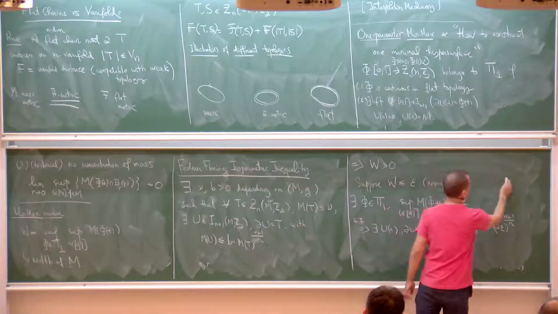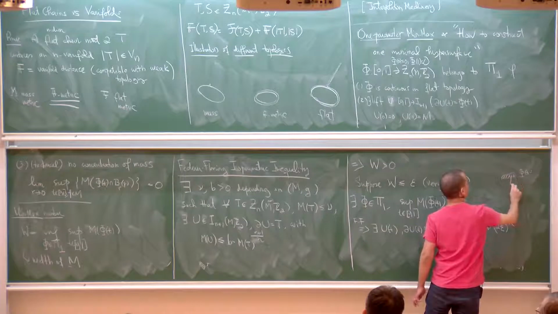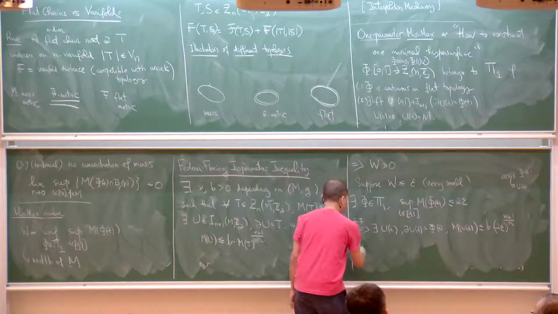Okay, so for every phi of t, I have this region U of t. And the point is that because the mass is very small, actually U of t is unique.